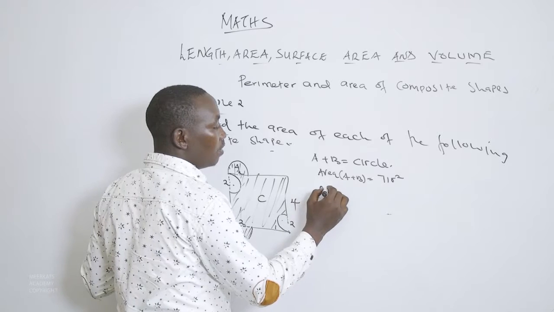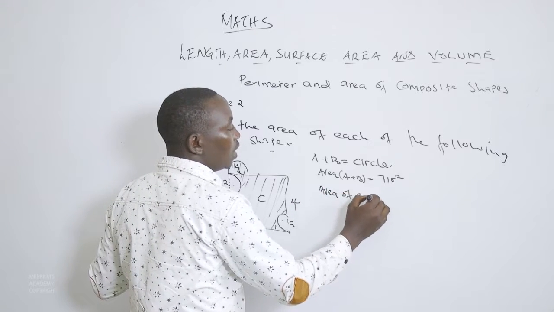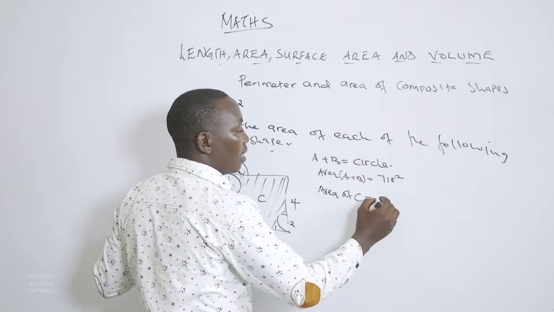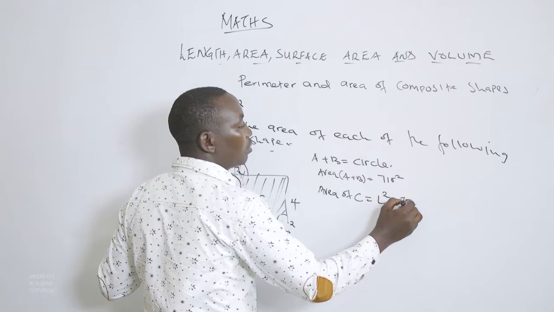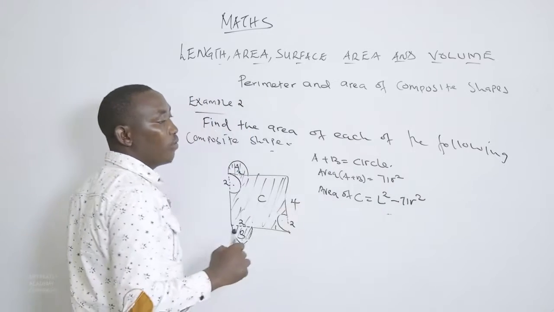So area of C will be given by length squared, that is length by length. Then we subtract pi r squared.